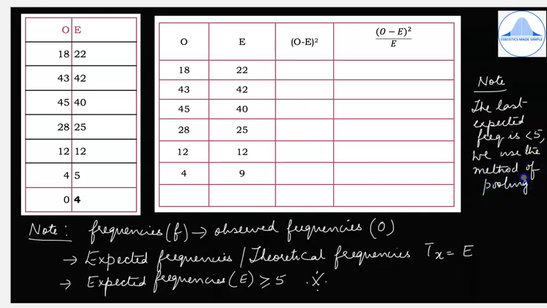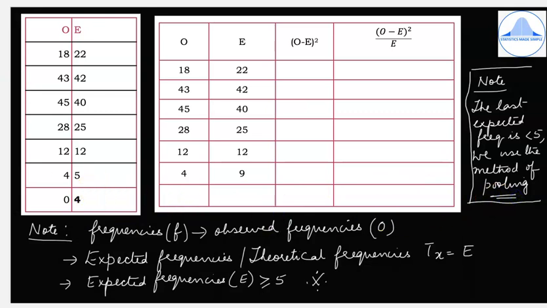Even if the observed frequencies are less than 5, it doesn't matter, but all the expected frequencies should be greater than or equal to 5. But now we observe that the last expected frequency is 4. It is less than 5. So we have to make use of what is called the method of pooling.